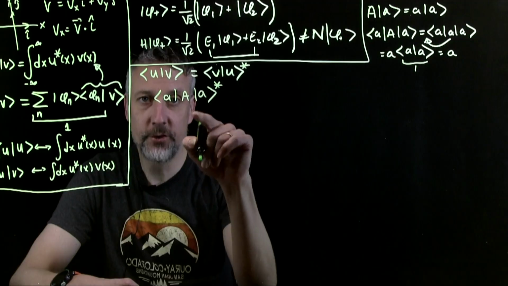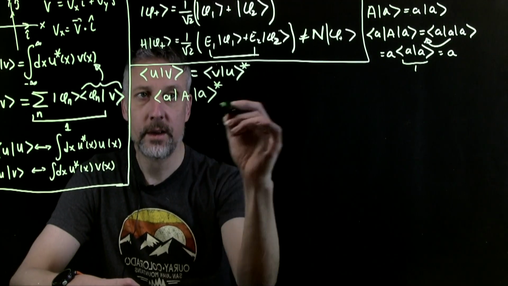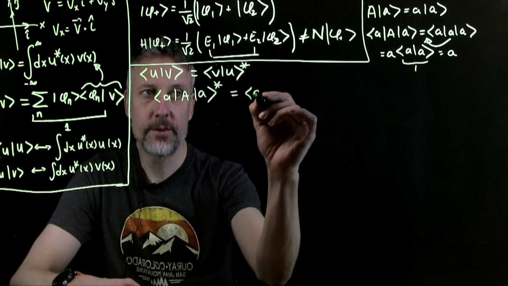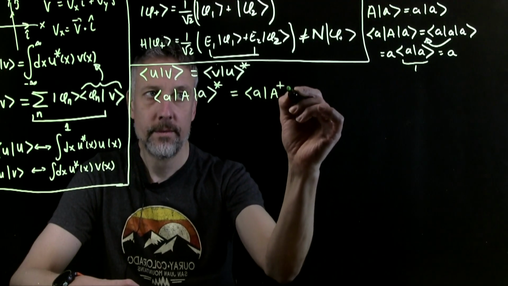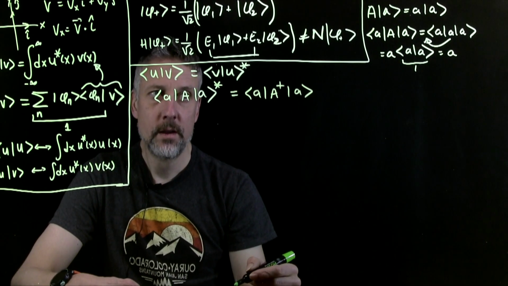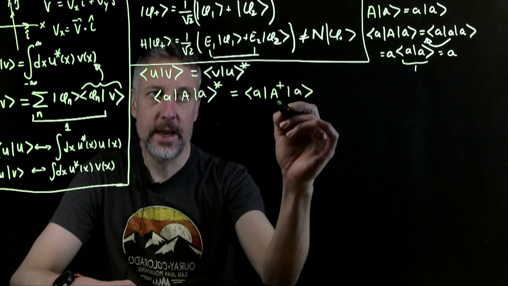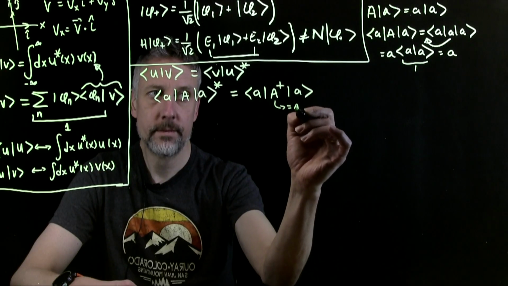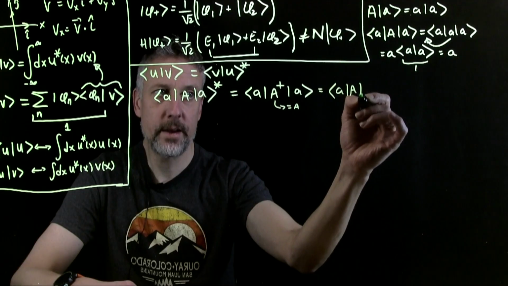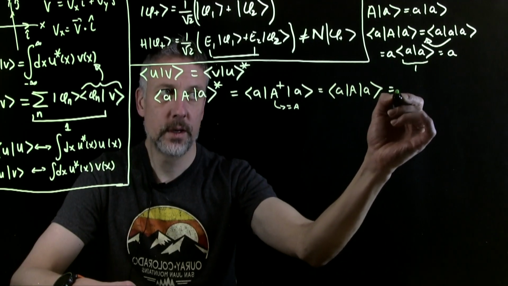Well, I don't just swap them. I also put in the adjoint of the operator. So of course, A looks like that, okay? But this is equal to A. So this is the same thing as A, which we know is equal to A.